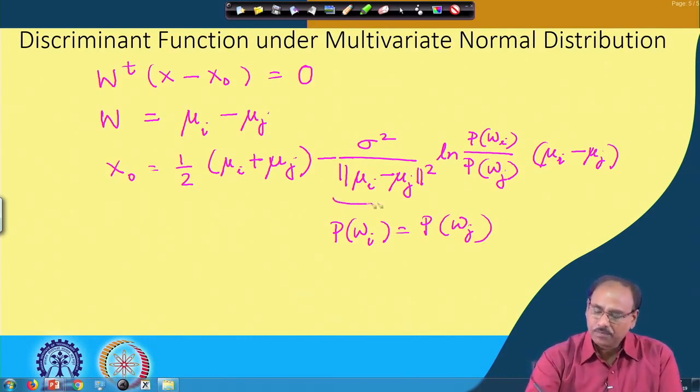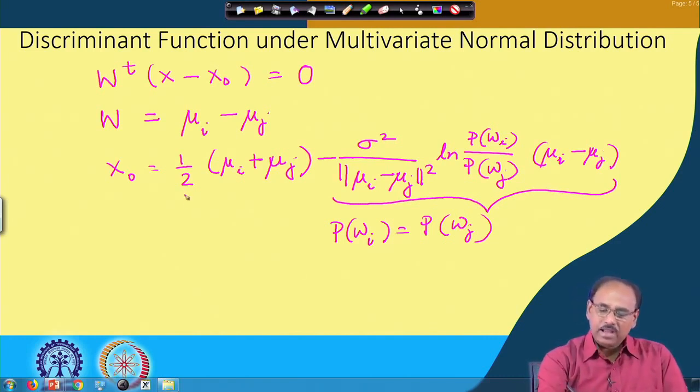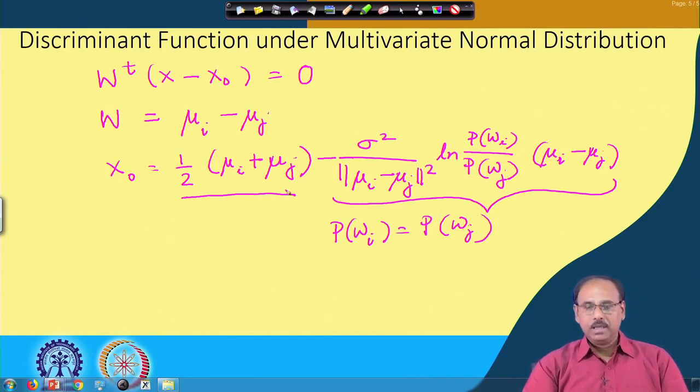So, this term will be equal to 0, in which case your x naught simply becomes half of mu i plus mu j. That means, x naught is a point which is at the middle of the line joining mu i and mu j. So, under such circumstances, where the a priori probabilities of the two classes are same, your decision surface becomes an orthogonal bisector of the line joining mu i and mu j.